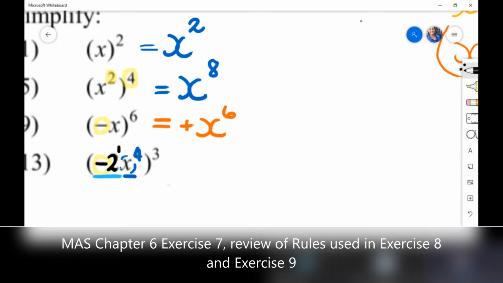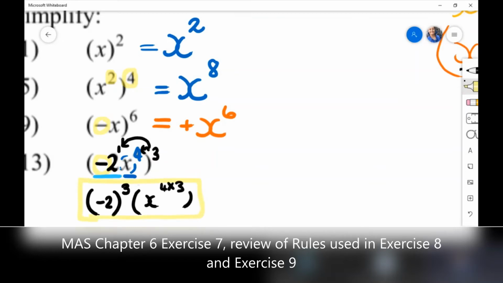And that power of 3 will influence that negative 2 base to the power of 1, so it becomes negative 2 to the power of 3. And I have x to the power of 4 times 3 with this one right here. We don't actually write it like this. This is just breaking it up, separating them so that you can see clearly.